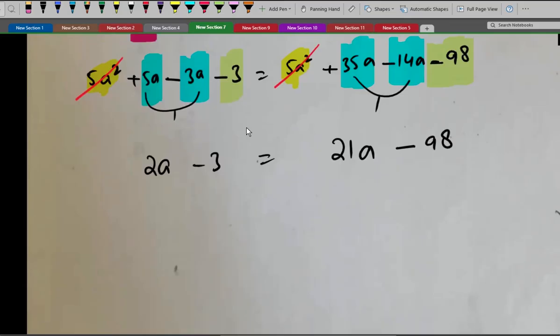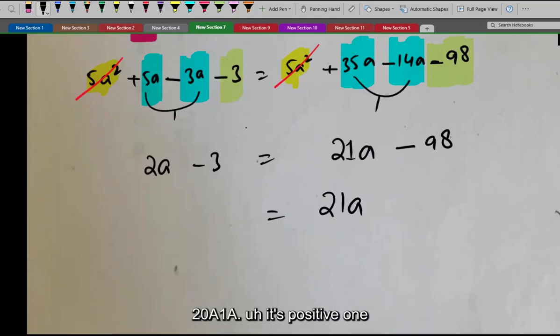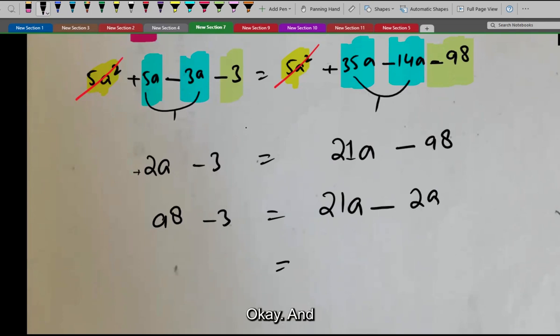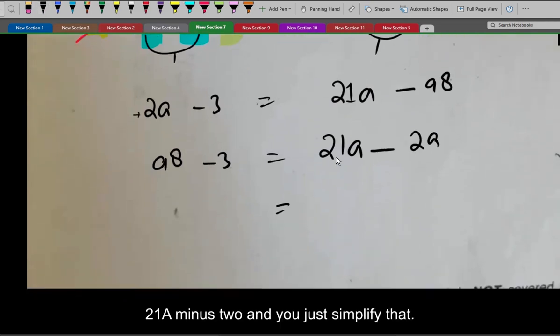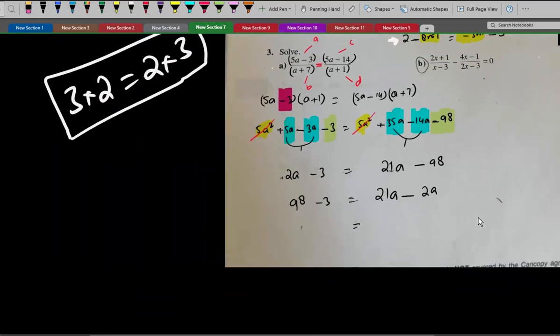And then from here, that's when you move the 21 to the other side and the -3 to the other side. Yeah, or I can do the other way around, like 21a. Its positive one is going to be negative 2a, and this negative number is going to be positive on the other side, like that. Okay. And 21a minus 2, and you just simplify that. Okay? Okay. Yeah.